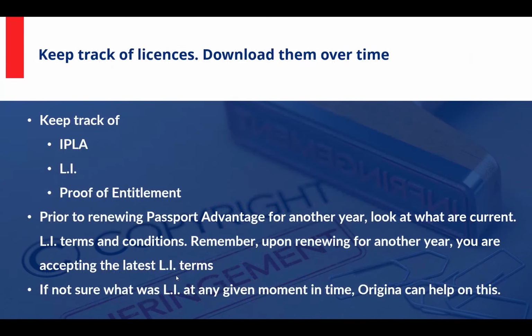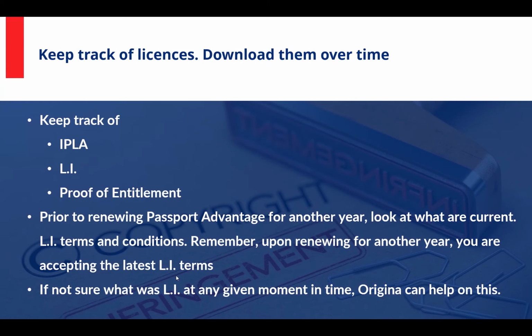So just a few practical tips. It's really important that you keep a very good track of licenses. Remember, a lot of licenses now are on the web. You're deemed to agree to the current terms and conditions as on the web. But remember, those web pages change over the years.